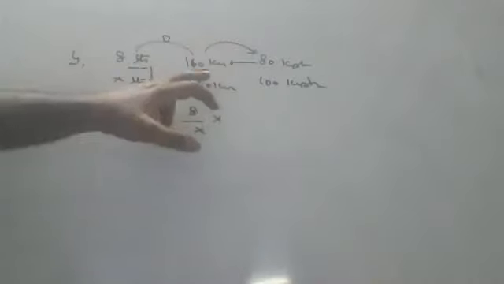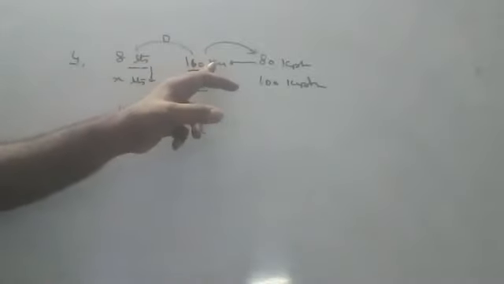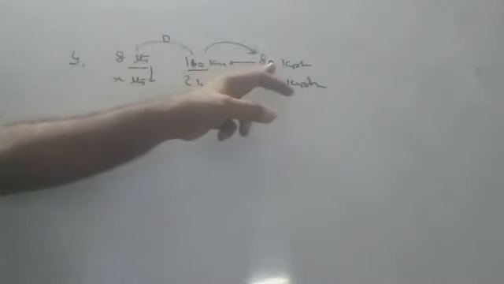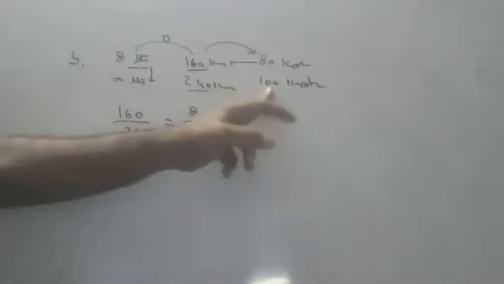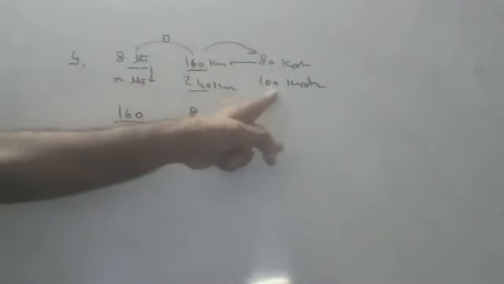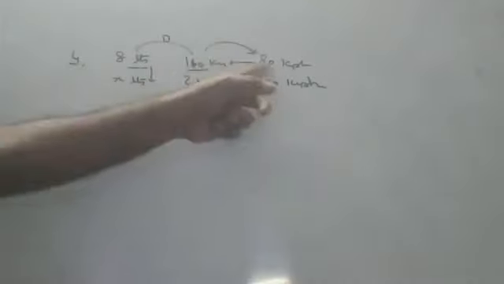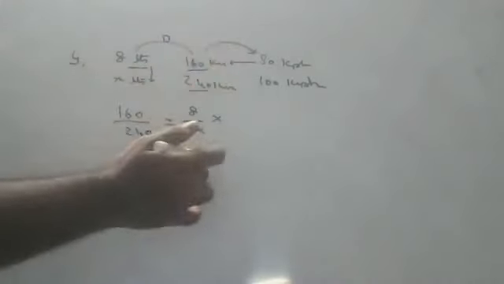Normally I'm saying normally; here I have given 240 because maybe petrol is different. With 80 kmph he is going 160 kilometers, which means with 100 kmph he should go more distance. More speed, more distance. So they both are directly proportional.